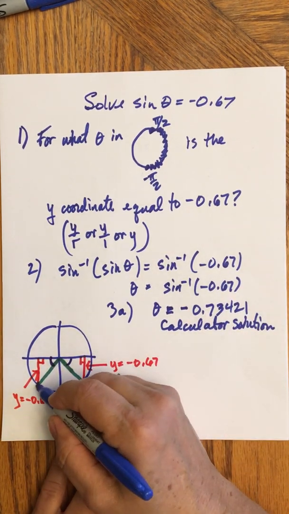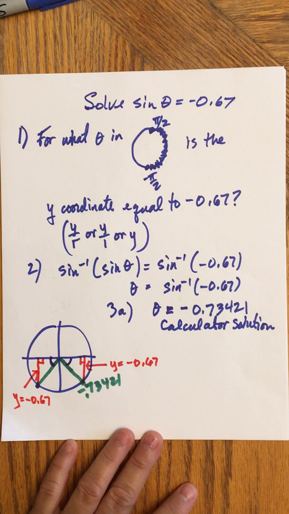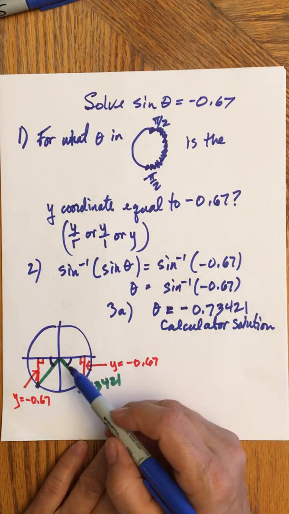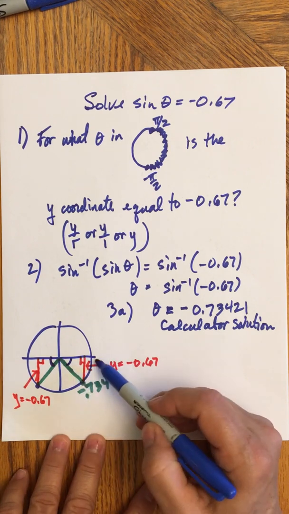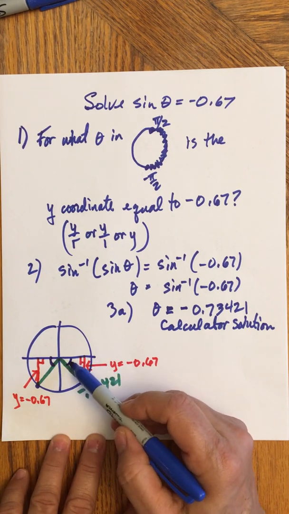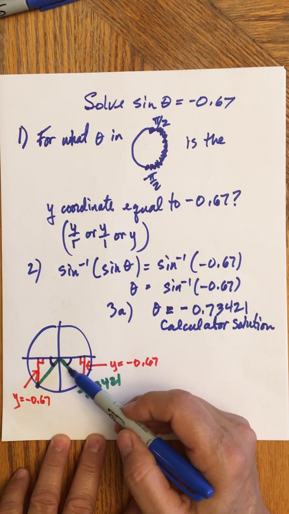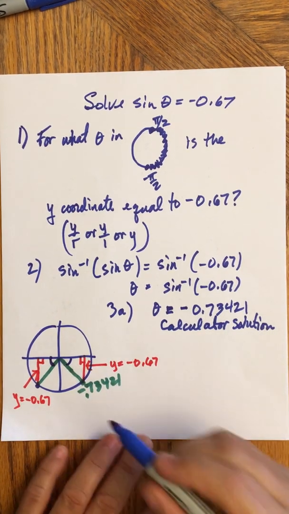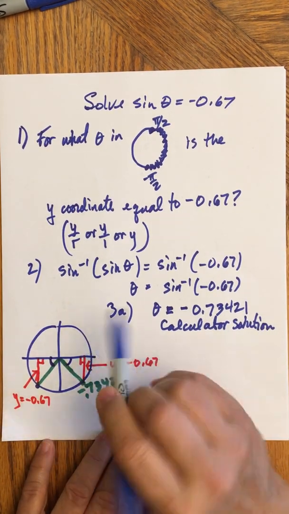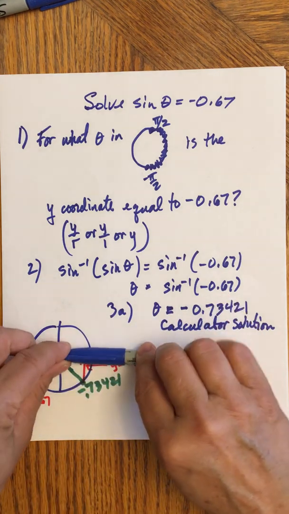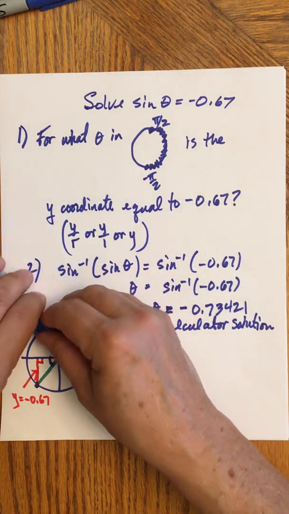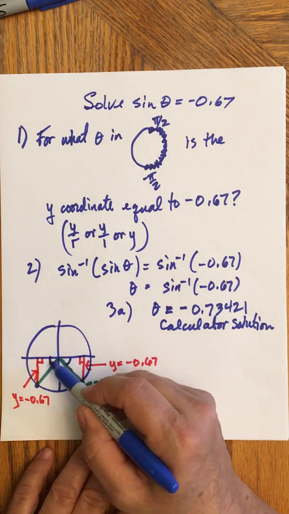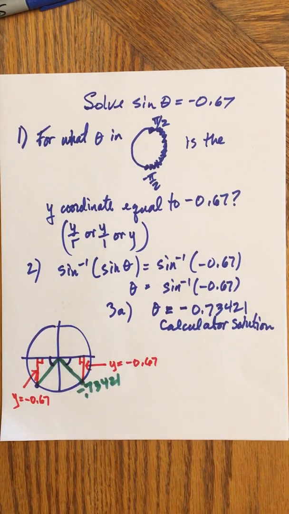But how do I identify this location on the circle? So again, what I do is I say, well, even though this is a negative rotation, the actual reference angle is positive. All reference angles are positive, and acute. So really, if I want to look at the rotation starting at 0 to go all the way around and then end up here, it's basically go pi plus that reference angle.